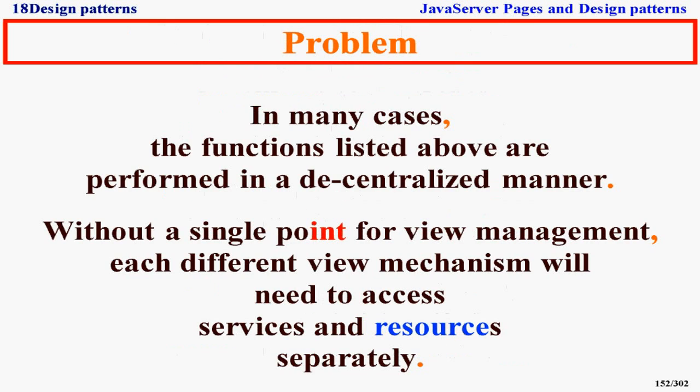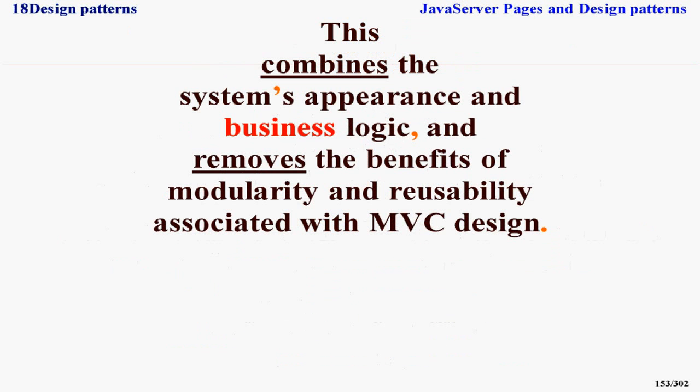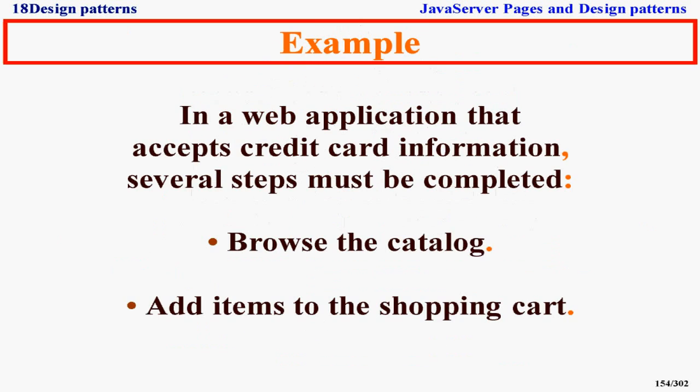Problem. In many cases, the functions listed above are performed in a decentralized manner. Without a single point for view management, each different view mechanism will need to access services and resources separately. This combines the system's appearance and business logic, and removes the benefits of modularity and reusability associated with MVC design.